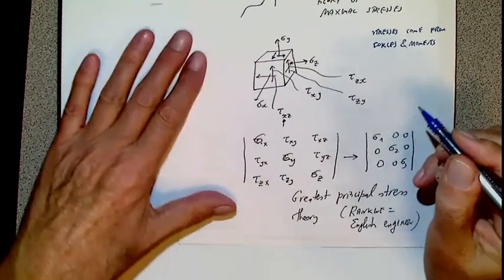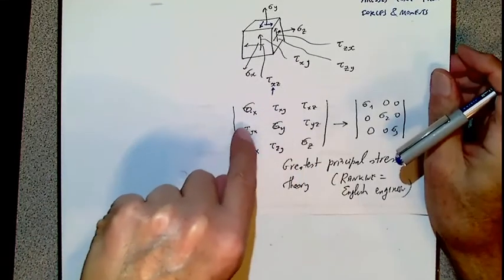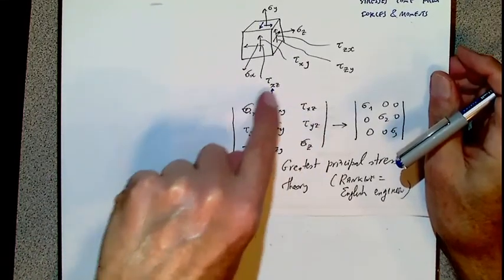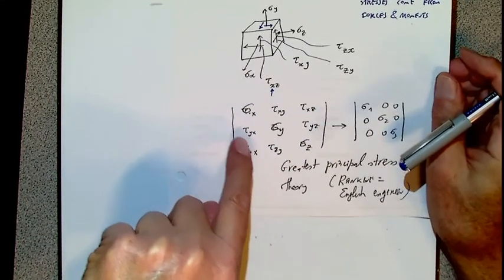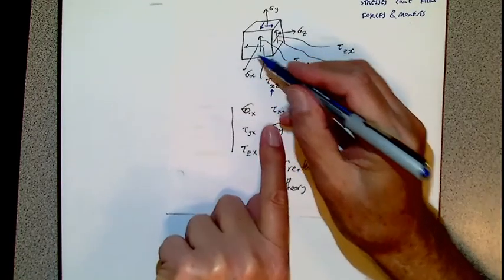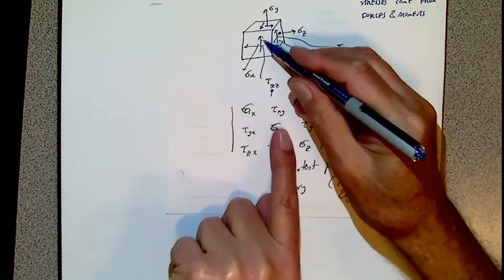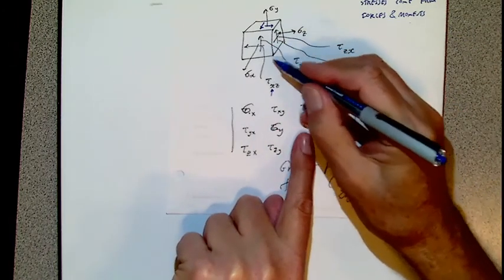So in total, pay attention, in every point there are 9 different stresses acting. Sigma x, look please here, sigma x, then tau xy and tau xz.